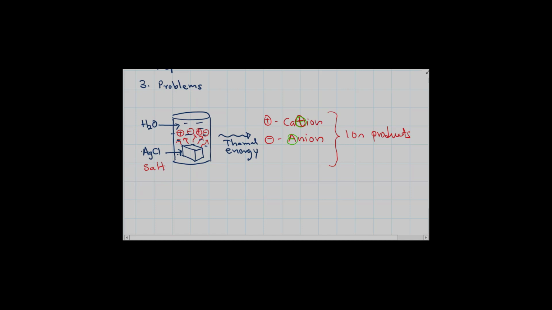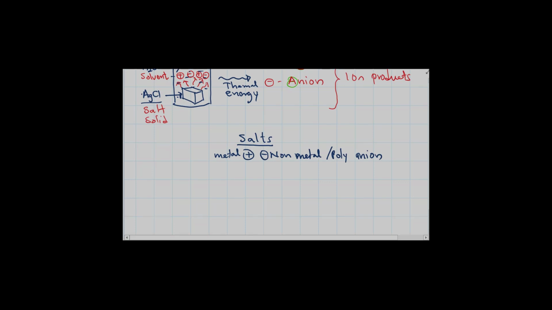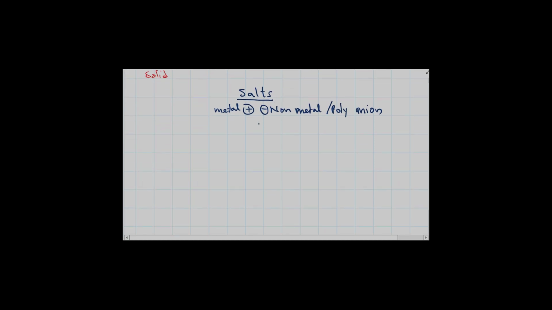Your reactant is the salt, the solid. There's no molarity for it, but your product is ions. So let's look at a couple of salts. Salts are actually metal cations and non-metal anions held together by electrostatic energy as a crystal. There are two kinds of salts we need to know.